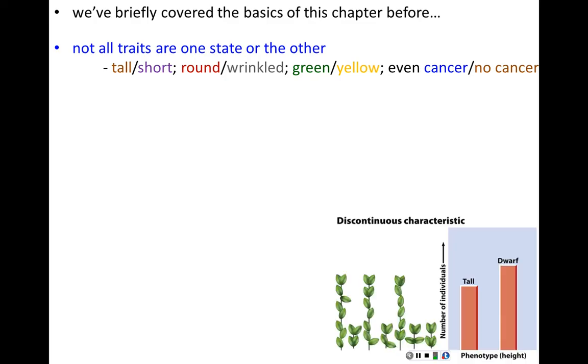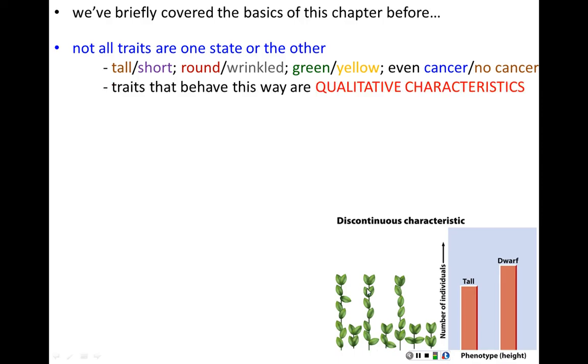So yes, in pea plants, we have tall plants and short plants, and that's it. We have no in-the-middle plants for pea plants. We have no medium-height plants. It's either tall or short. Traits that behave this way, where there are two states and only two states, are referred to as qualitative characteristics. Qualitative meaning it doesn't need to be measured.